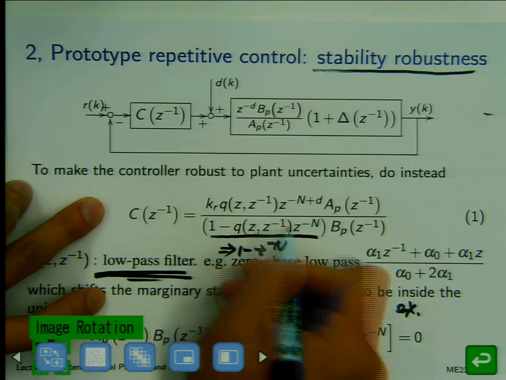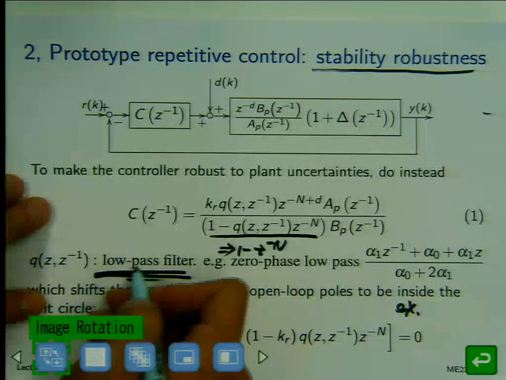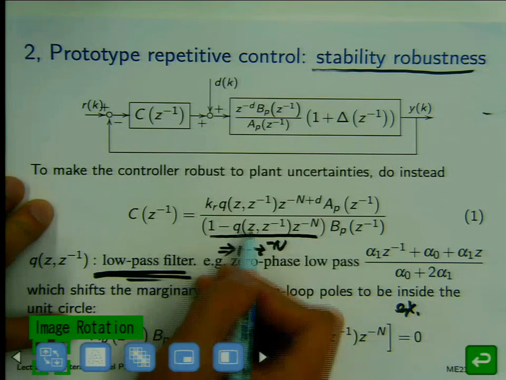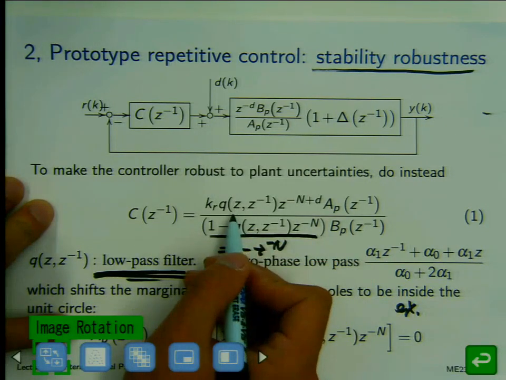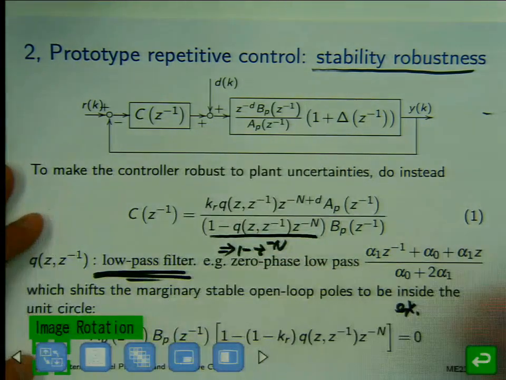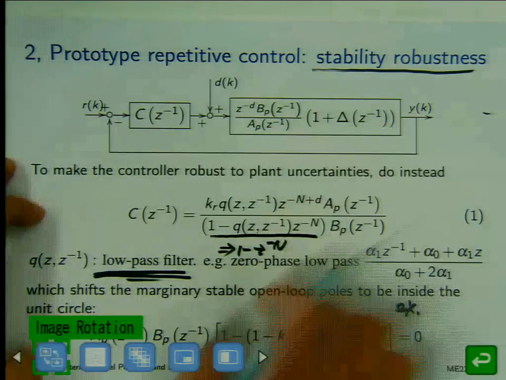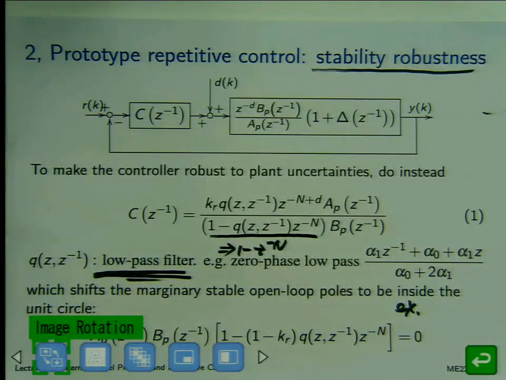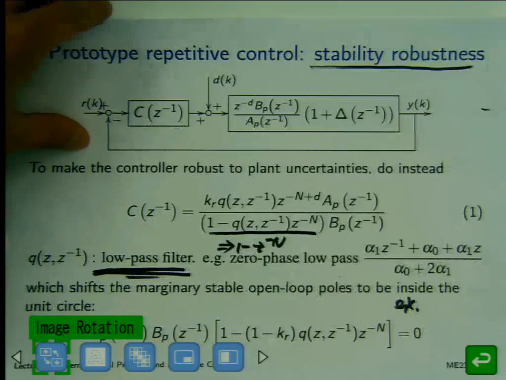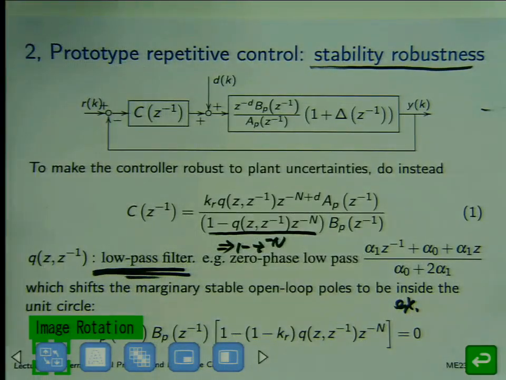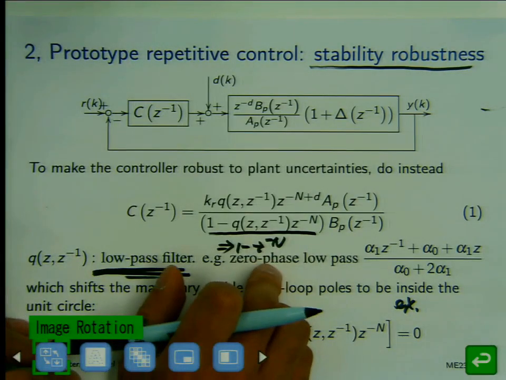Add a Q here. Q is a low-pass filter. Add a Q here, both in the numerator and in the denominator. Then the conclusion is that this will make the system have robust stability. Okay? So now, look at this structure and have some intuitions here.